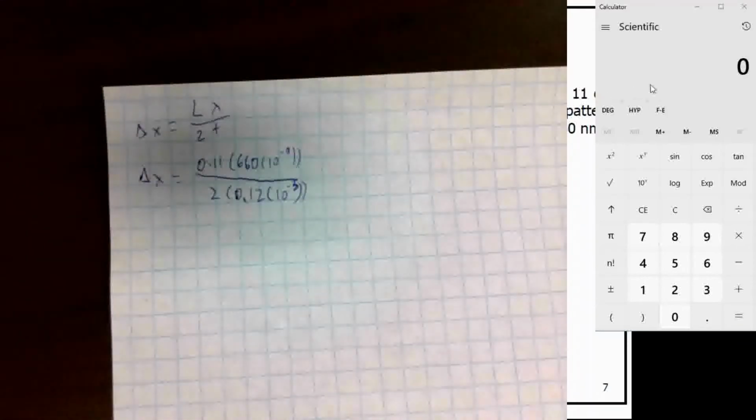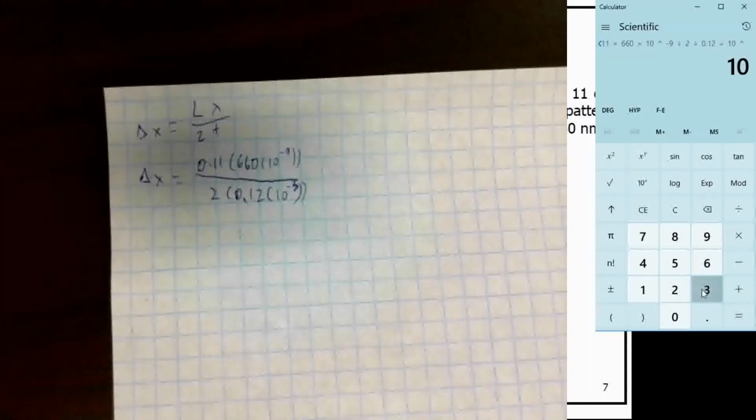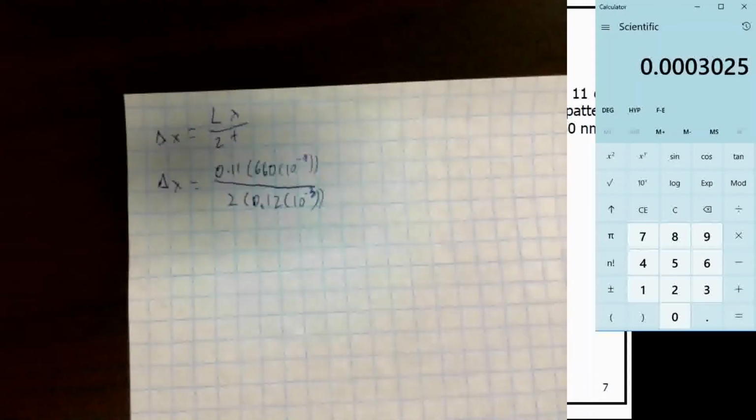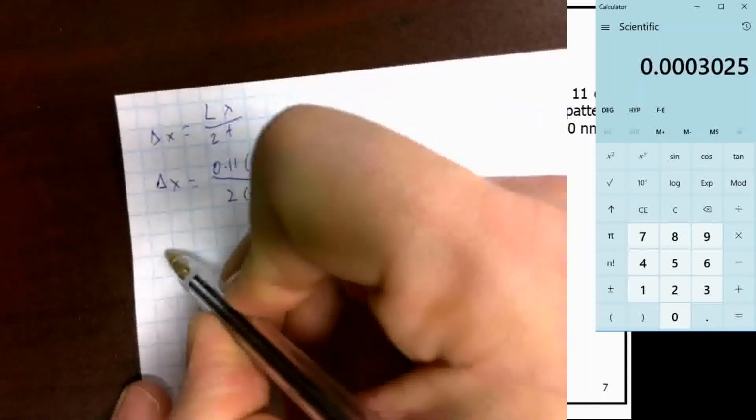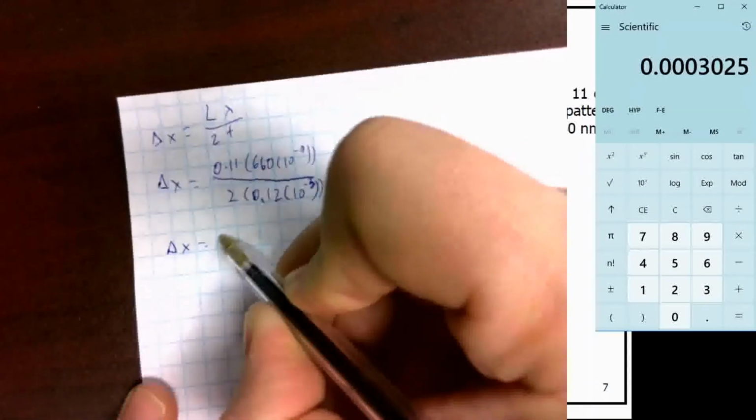So putting this in my calculator, I end up with 0.11 times 660 times 10 to the power of negative 9 divided by 2 divided by 0.12 and divided by 10 to the power of negative 3. So I end up with a delta x of 3.